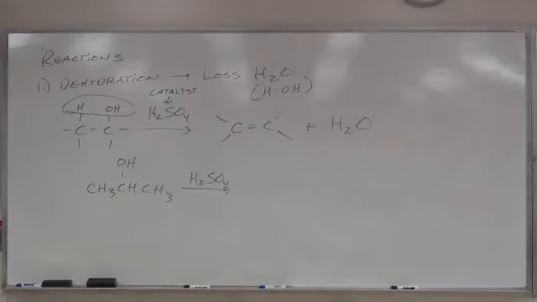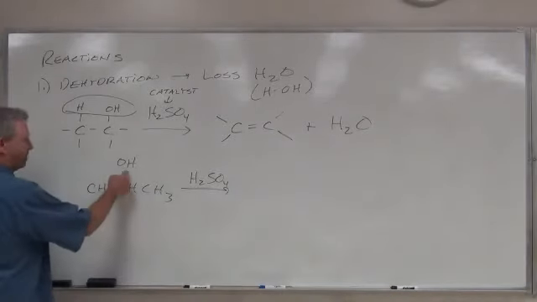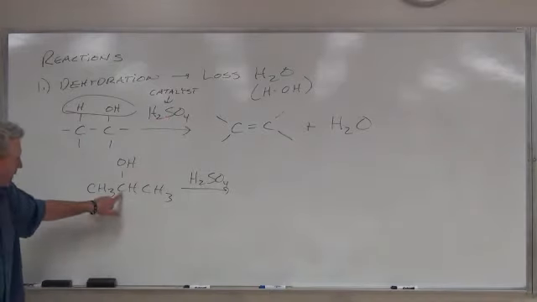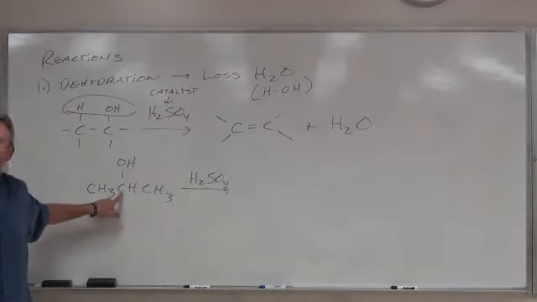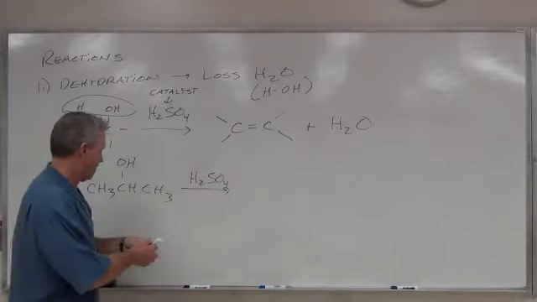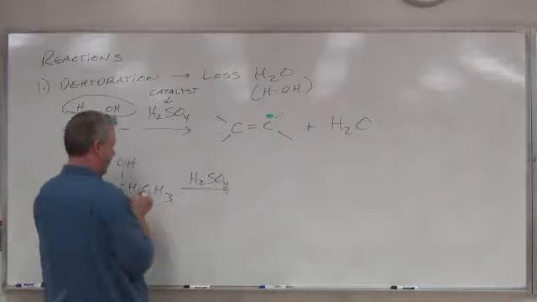Well, this will be that much easier when you go to do this. What do we have? Well, we have our OH group, so we know that's going away. So the carbon that contains the OH group is definitely going to be part of the double bond. Definitely. 100%. The carbon that contains the OH group will be part of the double bond.